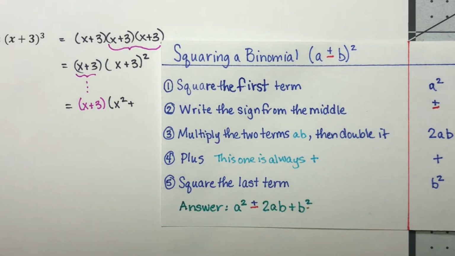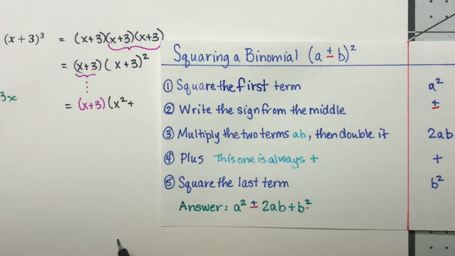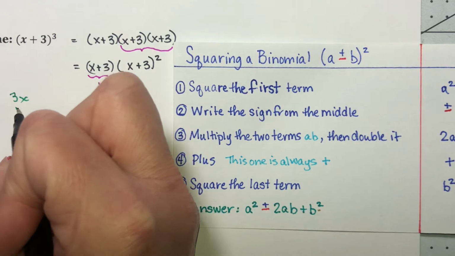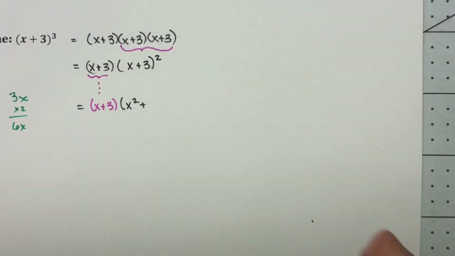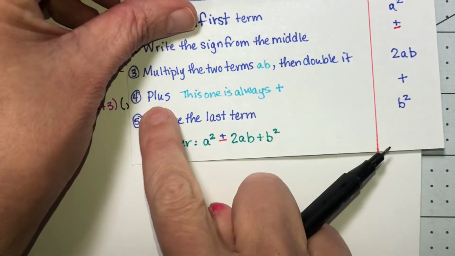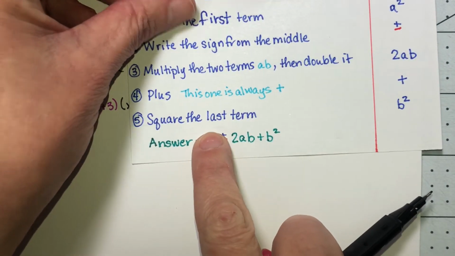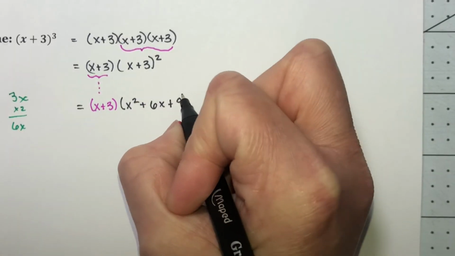That will be 3x, and then double that, which will give you 6x. So the middle here should be 6x, plus square the last one, 3 squared is 9.